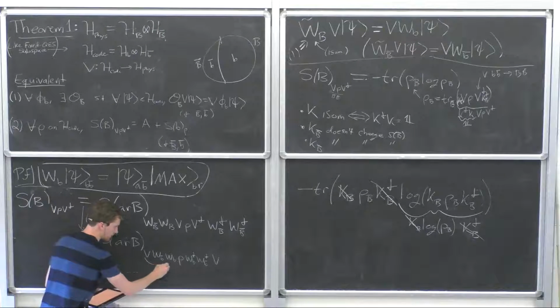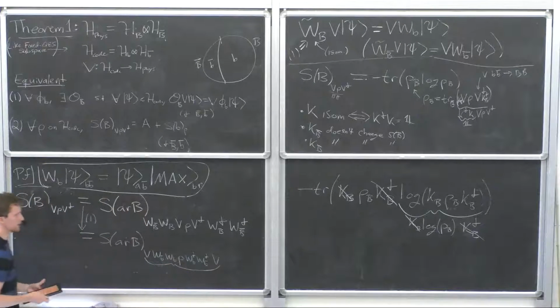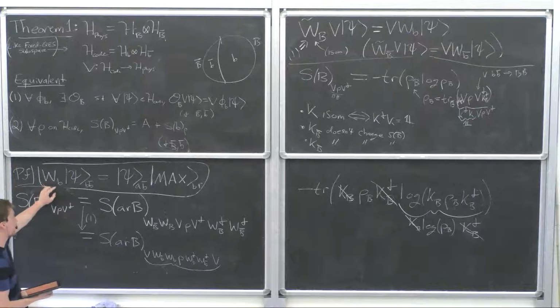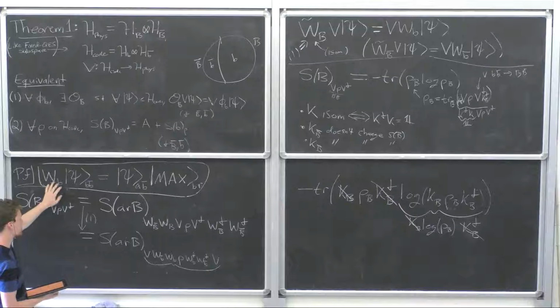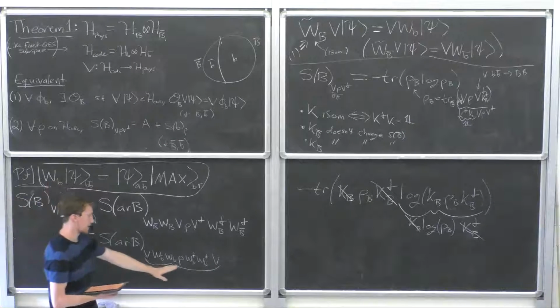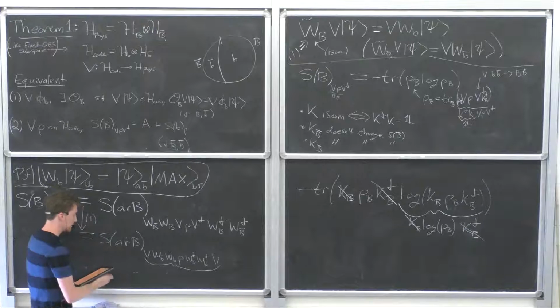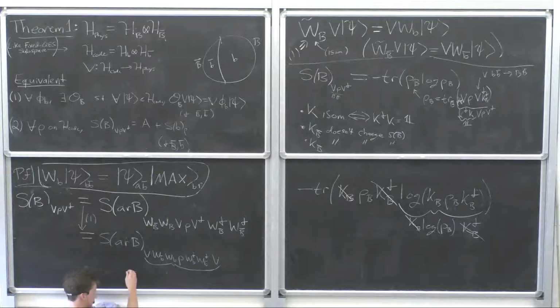This state you can write out explicitly if you use this and the equivalent form for W little b bar. You can, I claim, write this out explicitly, and what you'll get is that this equals rho on little a bar. Rho is the state here, the one we started with, on little b bar, tensored with some stuff. And the stuff doesn't depend on rho. I might call it chi, but I'm going to write it out for you explicitly.